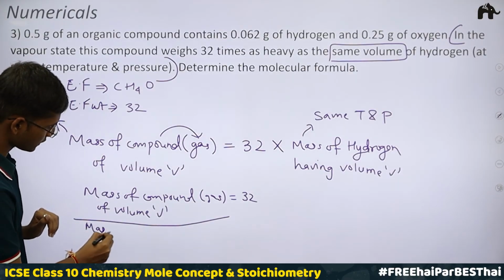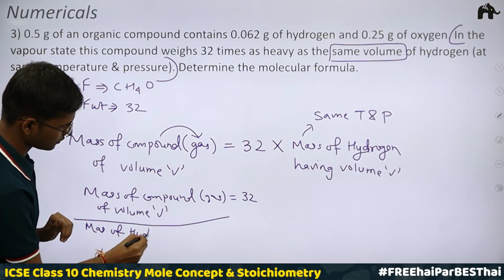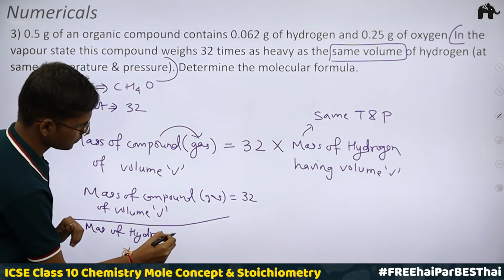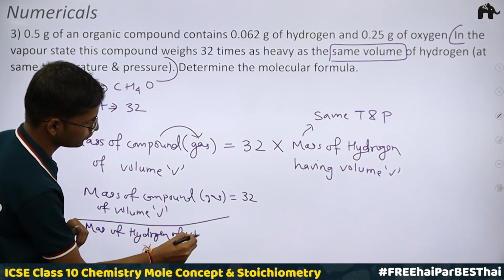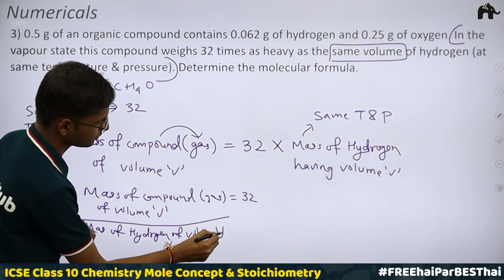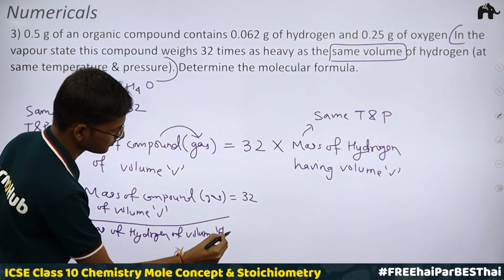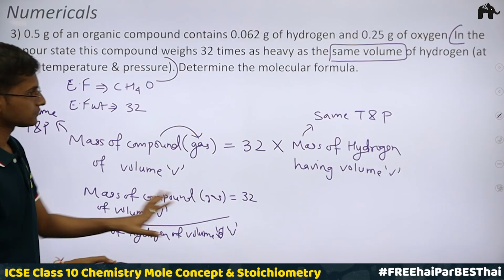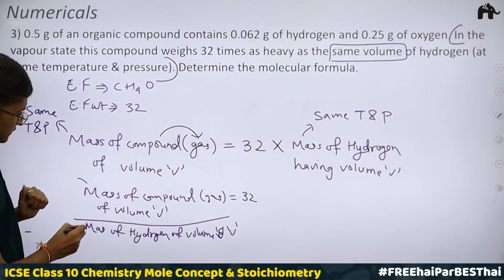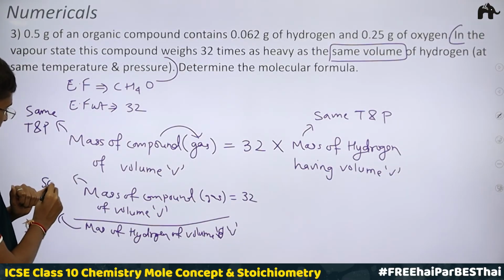So it would become mass of hydrogen of volume V. Clear? And these masses are at the same temperature and pressure.